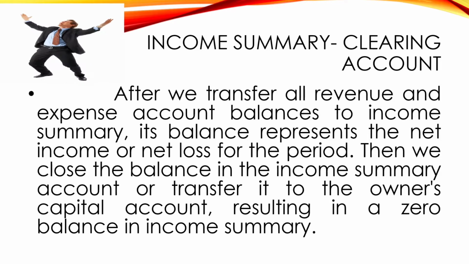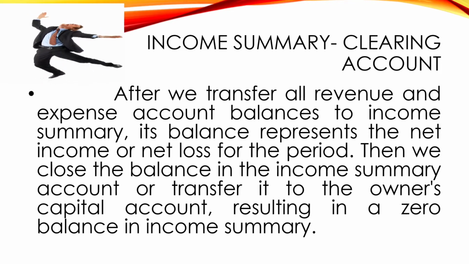Then we close the balance in the income summary account, or transfer it to the owner's capital account, resulting in a zero balance in income summary. So those temporary accounts are like a lock on a house: it locks, it closes.